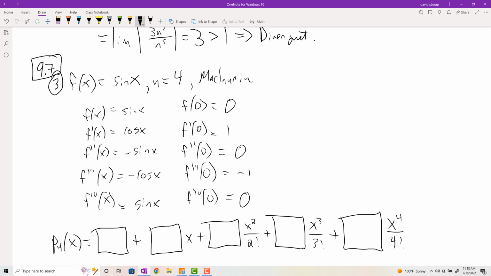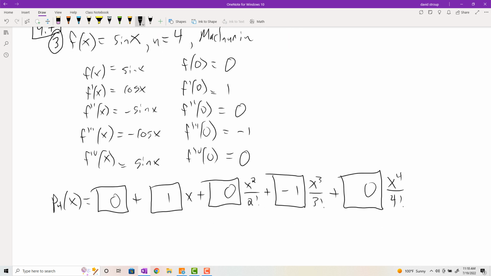And then you're just copying and pasting the 0, 1, 0, negative 1, 0. And then if you want to, you can simplify that. It's not necessary for me, but it'll be x minus x cubed over 3 factorial. Okay, so that's a Maclaurin.